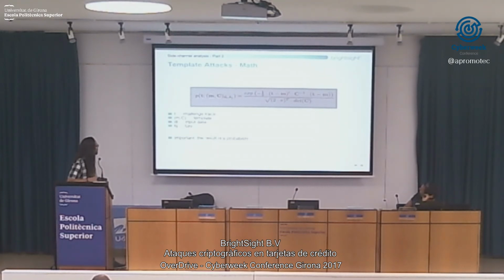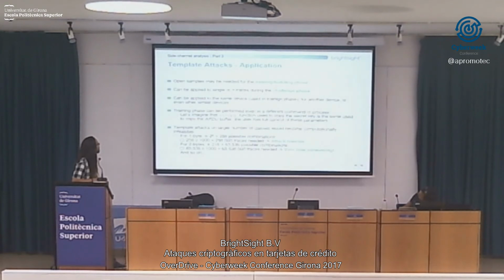Here we have the template. The E is the input data and the key. One important thing to remark is that the result is a probability. So at the end, we will have a probability on how those templates match with the challenge trace. So, well, it's only a probability.